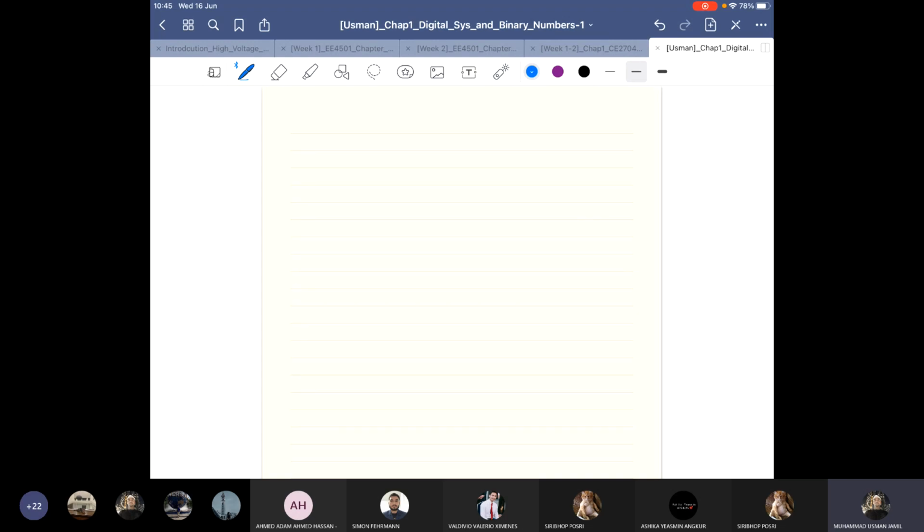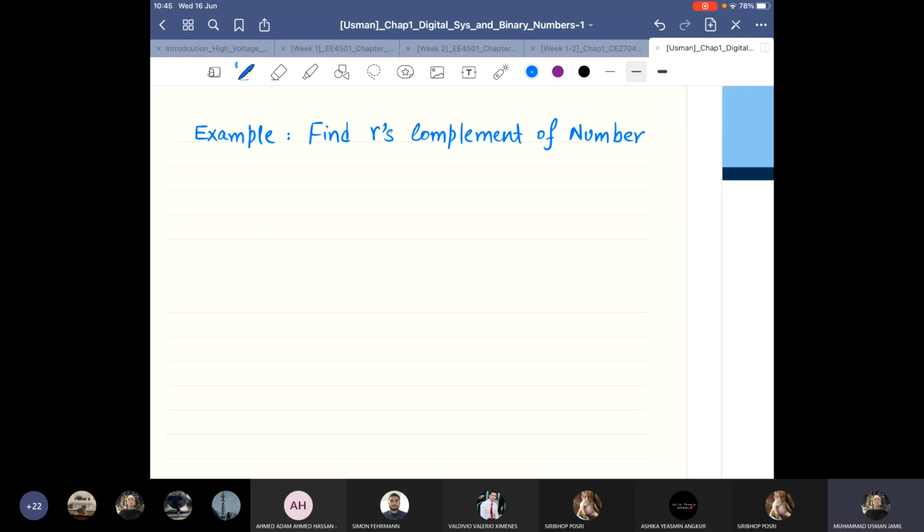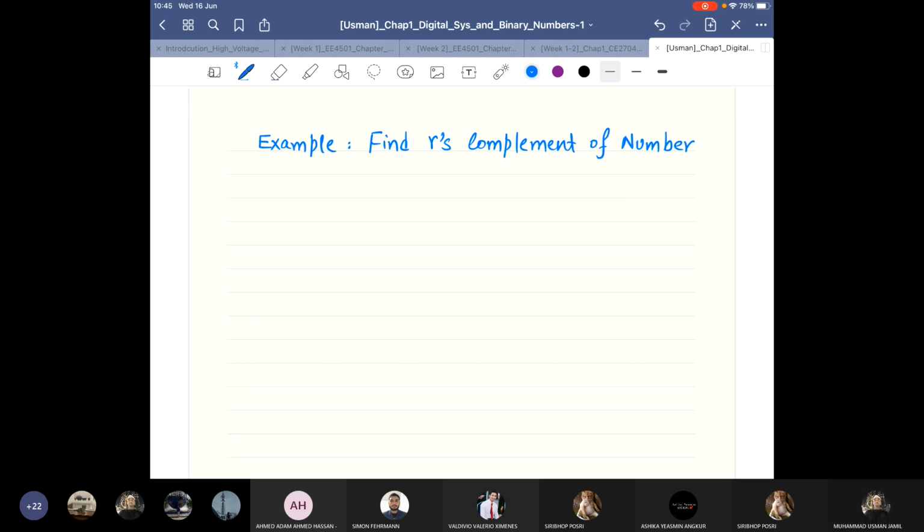Then let's take this example. Find the R's complement of the number 0 1 2 3 9 8 with base 10.